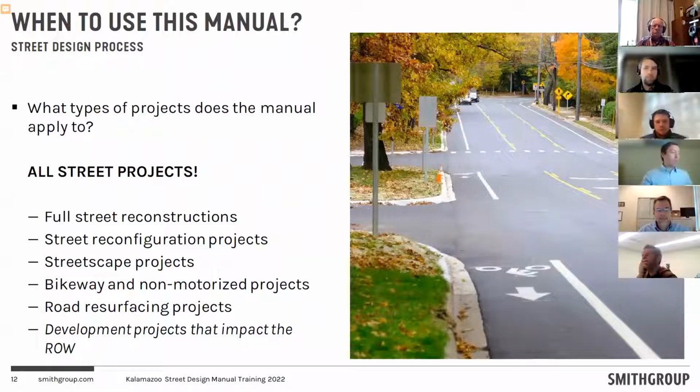So starting off, what is this manual for? What is it supposed to cover? It's meant to cover all the types of efforts that happen in the public right of way.